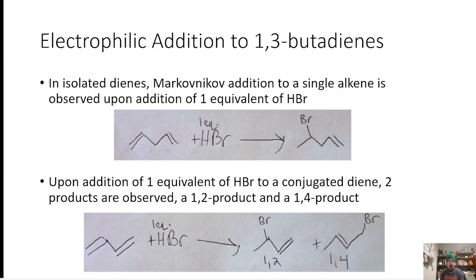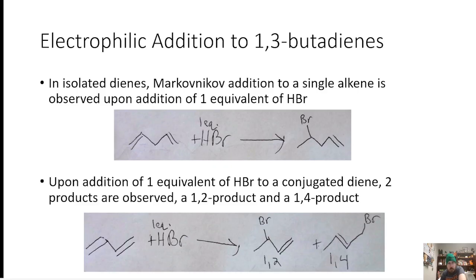But the big thing, the new thing we can look at, is the effect of electrophilic addition to 1,3-butadienes. In an isolated diene, you simply get Markovnikov addition to a single alkene if you add one equivalent of HBr. If you add two equivalents, you would add it twice.